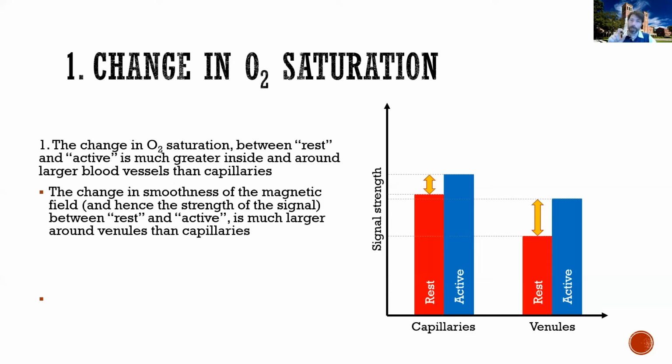So we can see the change between when some part of the brain is not engaged in any greater neural activity than usual, versus when a part of the brain suddenly starts bursting with activity. We can see that change is just so much more noticeable around the venules than it is around capillaries.